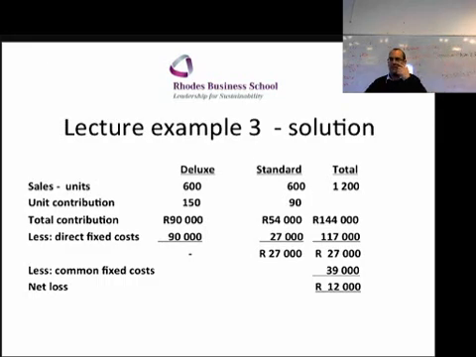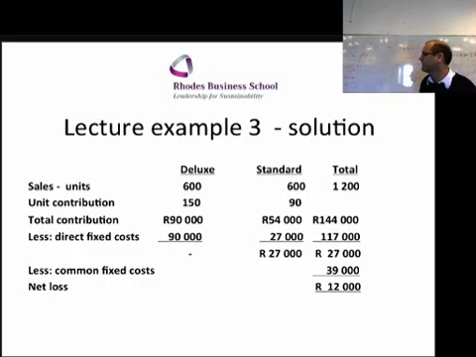Our break-even analysis is only going to work if that sales mix actually holds true. It's very, very difficult in practice to predict what the actual sales mix is going to be, so there should be a few warning bells going off there. Guys, questions?